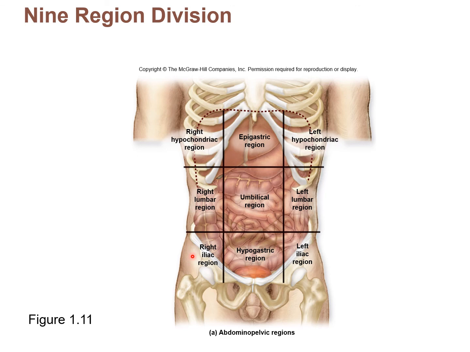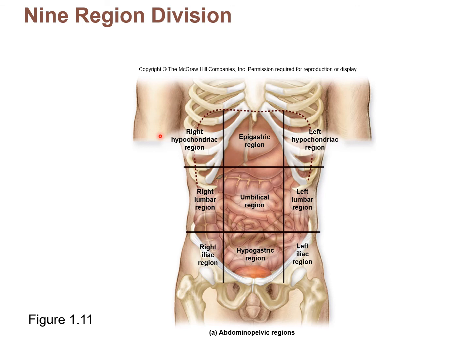So when we say iliac, we are referring to your hips, your pelvic region. So again, we've got right and left iliac region. If you understand what the term means, it's going to make it easier for you to remember where it's at. If you remember that iliac is hips, then I'm never going to say that my iliac is up here, right?